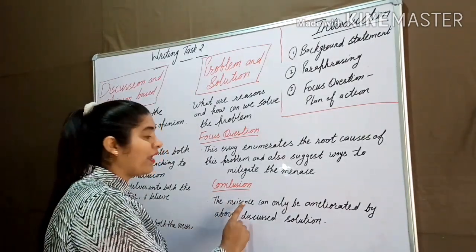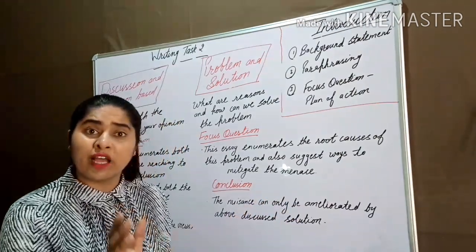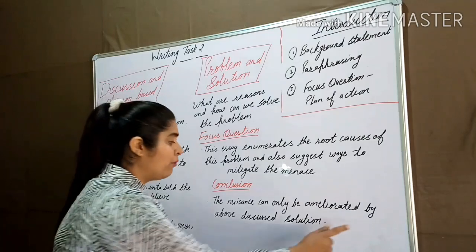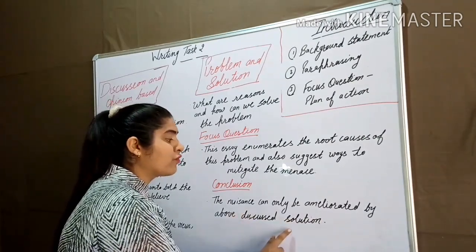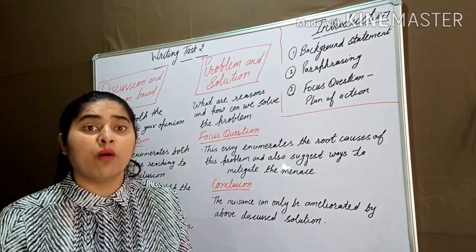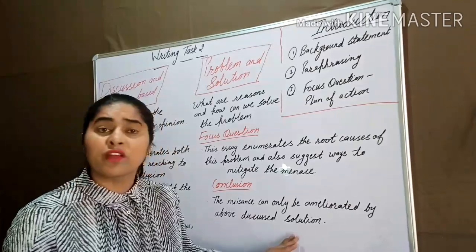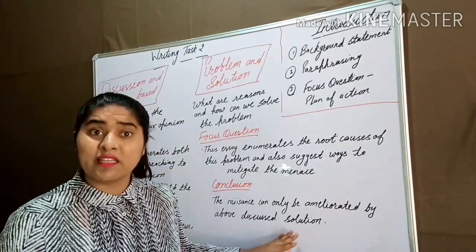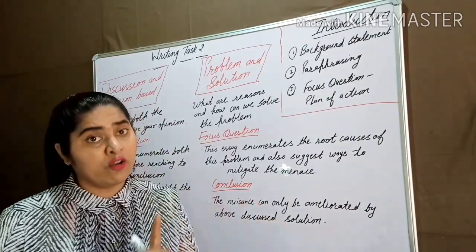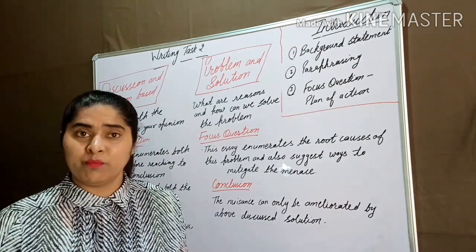This nuisance can only be ameliorated. It means it can only be solved by the above discussed solutions. It means we can solve this particular problem by the above discussed methods. This can be the beginning statement of your conclusion part if your question is problem and solution based.